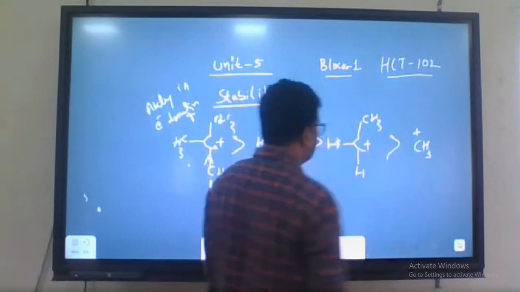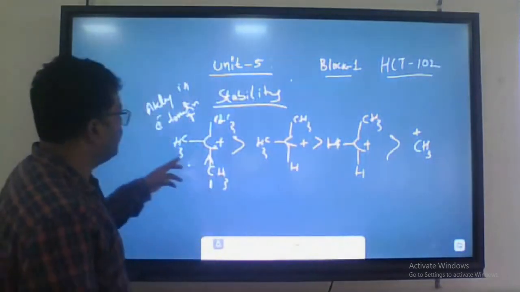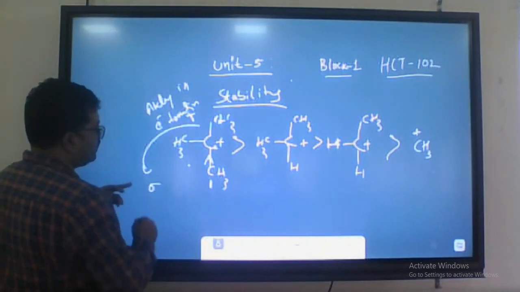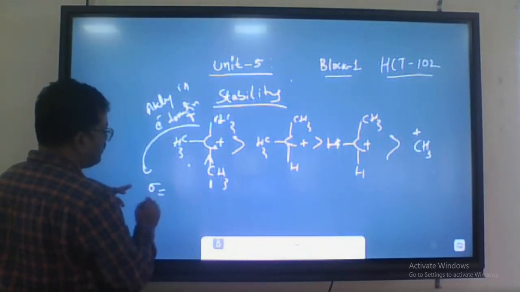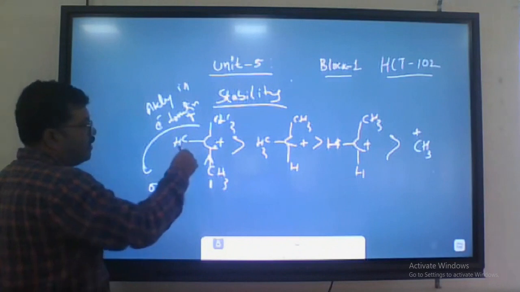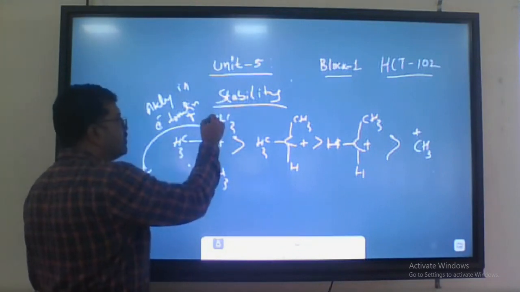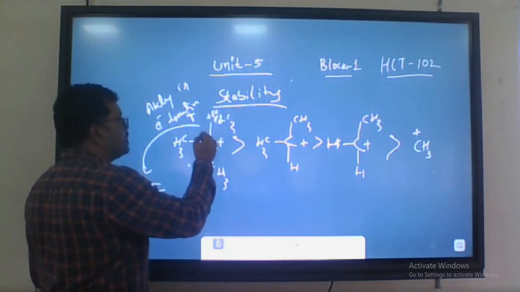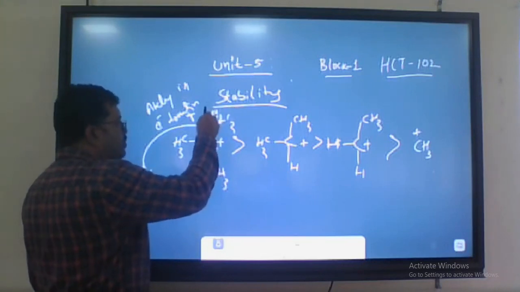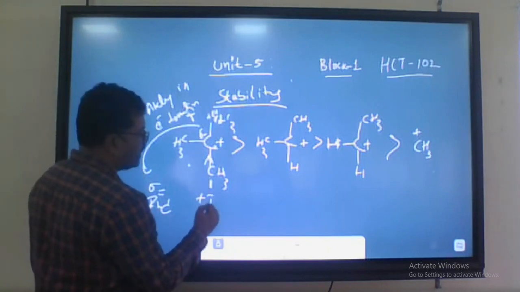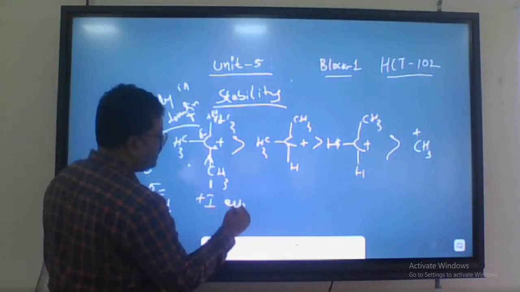So this is called inductive effect. It only acts in the sigma bond. The carbon pushing electrons partially acquires positive charge, and the carbon receiving acquires partial negative charge. That is the plus I effect, the plus inductive effect.